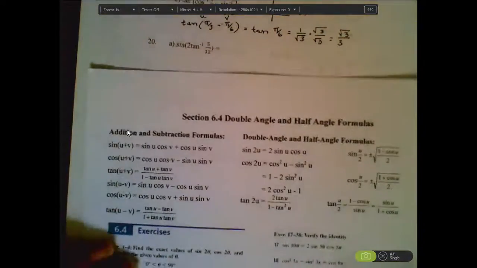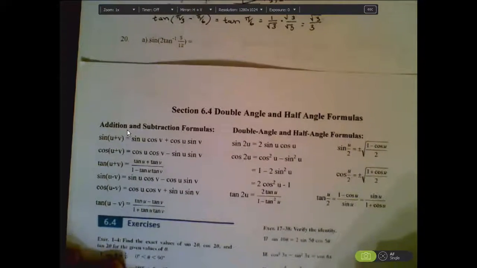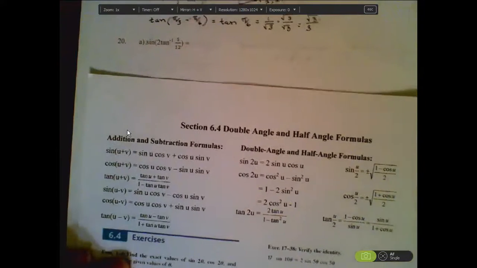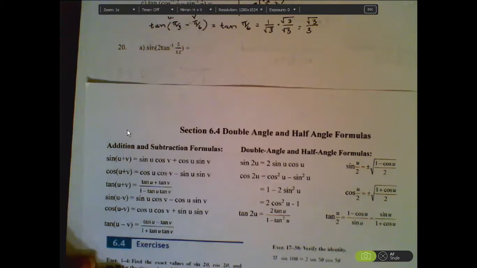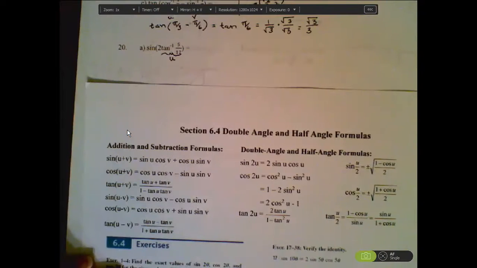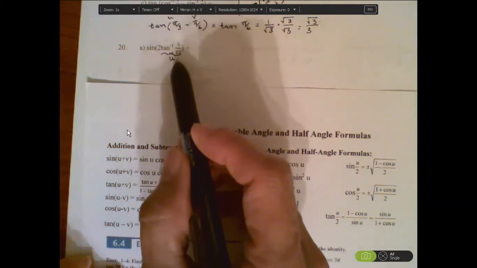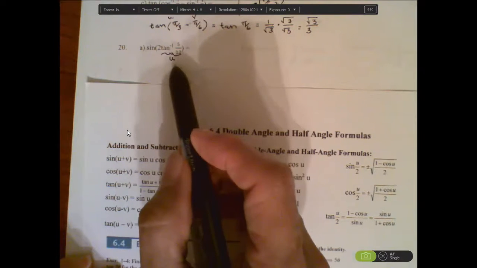All right. What about number 20? Does it look like anything we've seen before? Anything maybe that's at the top of your 6.4 notes? Inverse tangent of 5/12 is some angle. I can call it U, and I don't know the angle whose tangent is 5/12, but I can draw a picture of it.